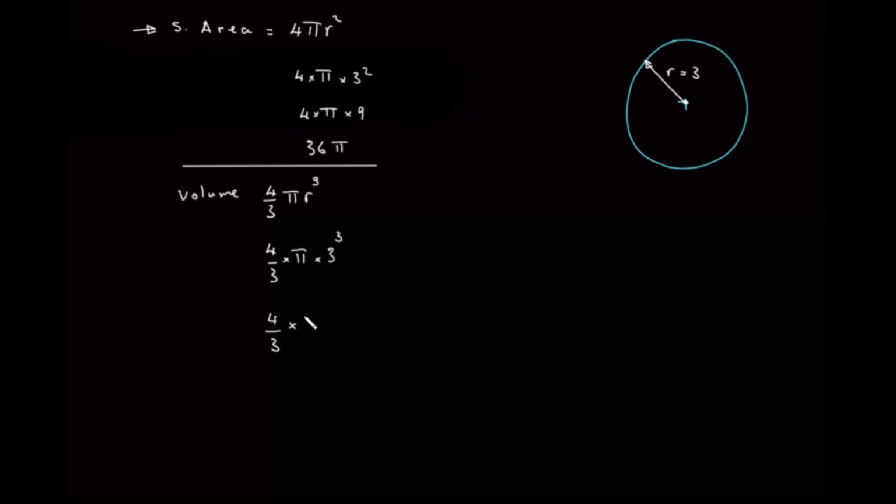You can do that with multiplication. 3 times 3 times 3. Now the 3s cancel, cancel. So this becomes 9. 9 times 4, 36. There's the pi.